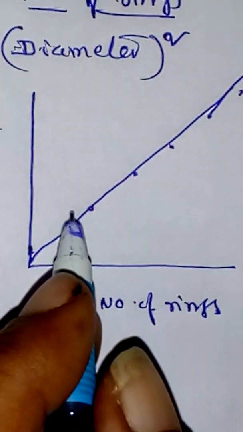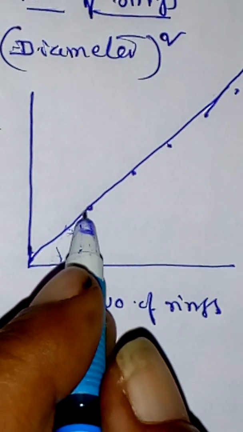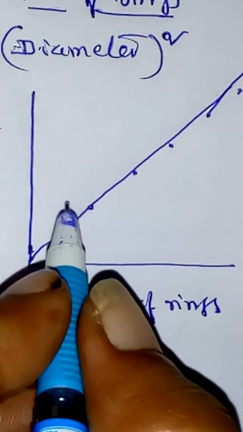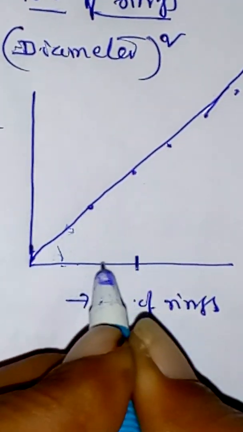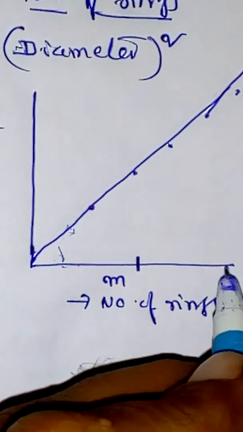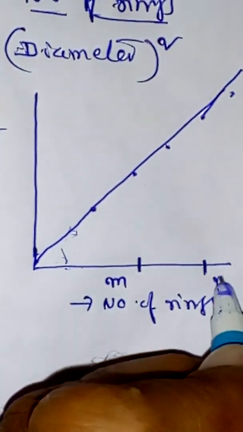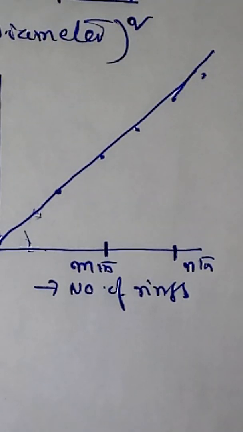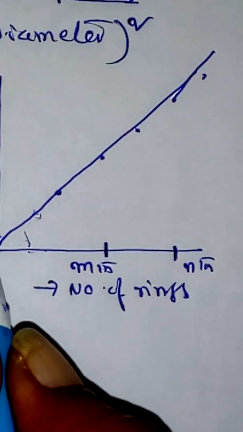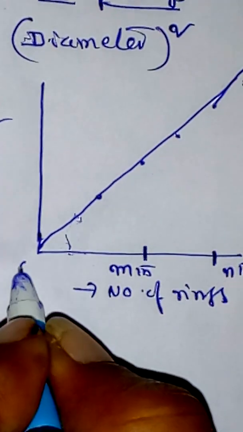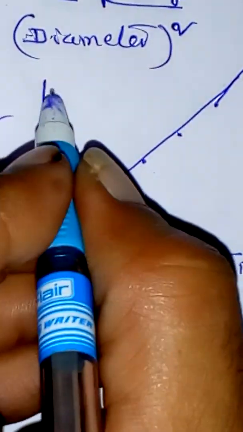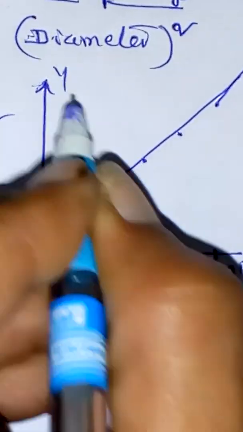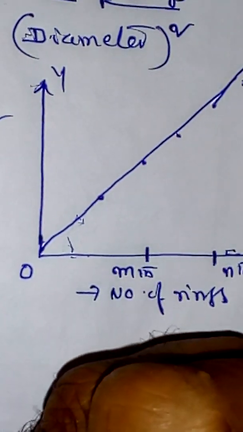Now take any two successive values from the graph. Let us take, I am taking an mth ring and an nth ring. I call the origin O. This is the y axis, this is the x axis.